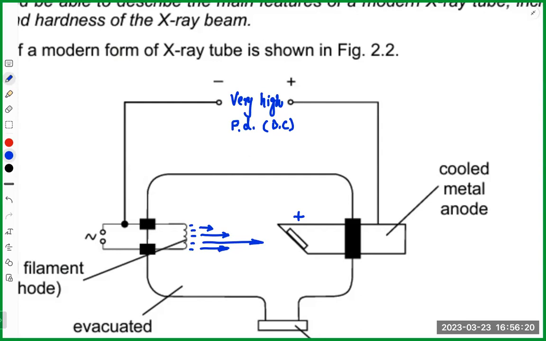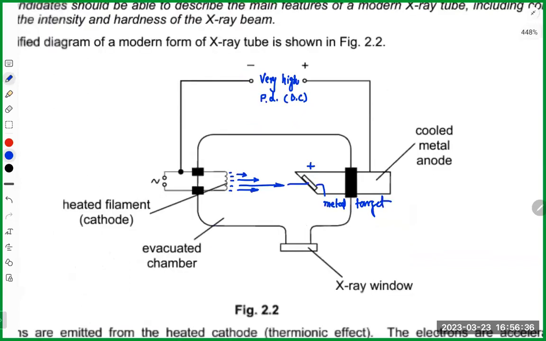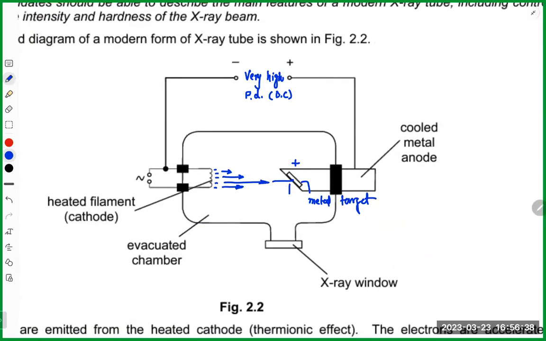There is this metal target. When electrons hit this metal target, they lose their kinetic energy and photons are produced. Those photons come out from here.